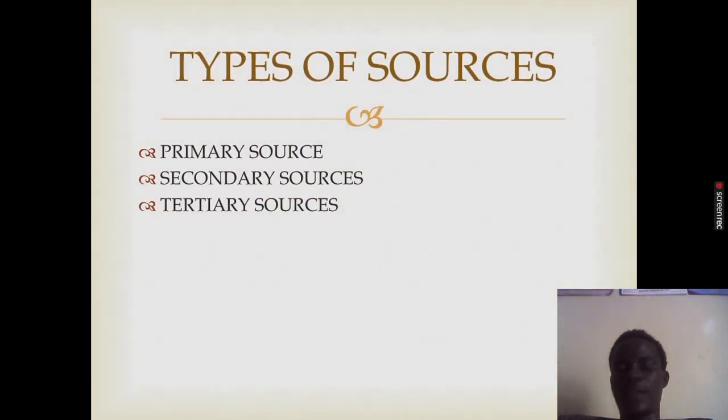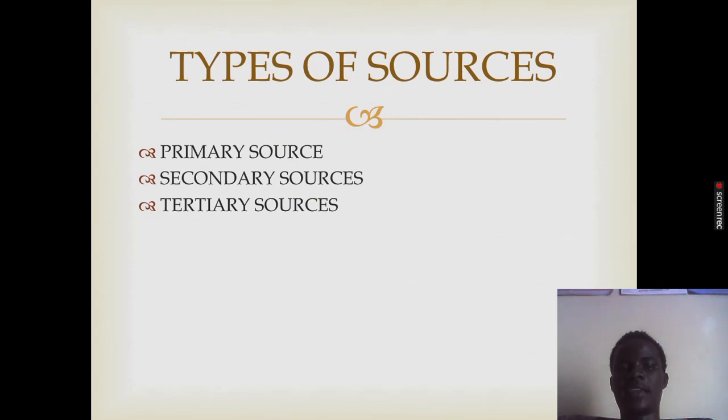We have the primary source, the secondary source, and the tertiary source, each of which is divided according to the type of information they handle. Of course, the primary source is first-hand information.